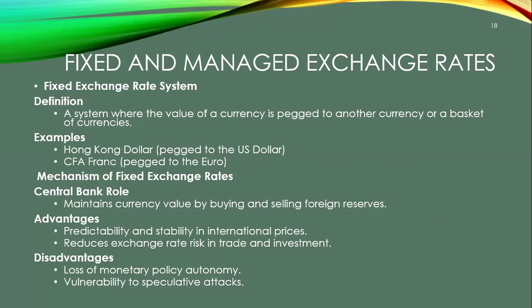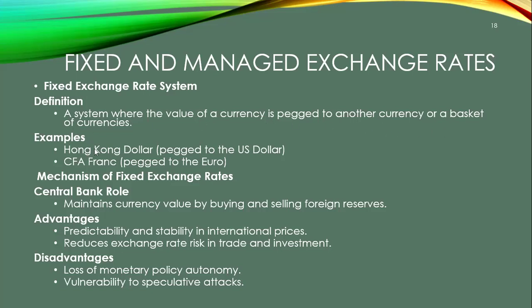Then fixed and managed exchange rates. I think I explained these in detail in our previous classes. By definition, we said that a fixed system is where the value of money is pegged to another currency or basket of currencies.